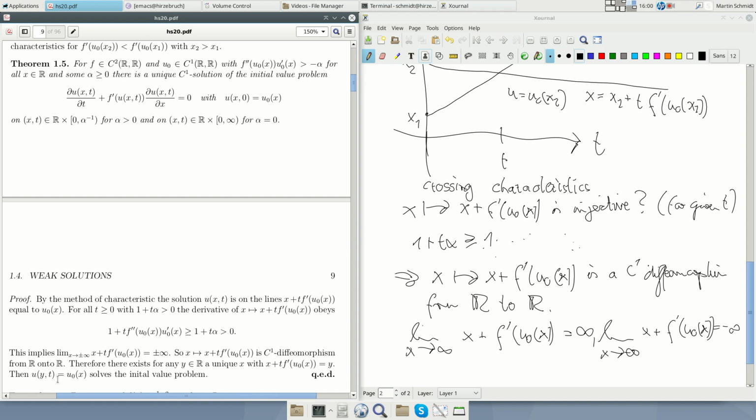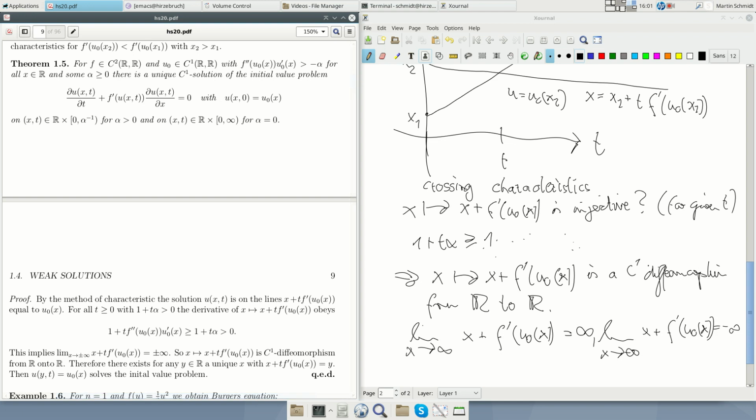Now we can write down the solution. For any given t, this map has an inverse mapping. If we call this map mapping from x to y, then the inverse mapping goes from y to x, and then we just insert the inverse mapping in u0 and we get the solution u.